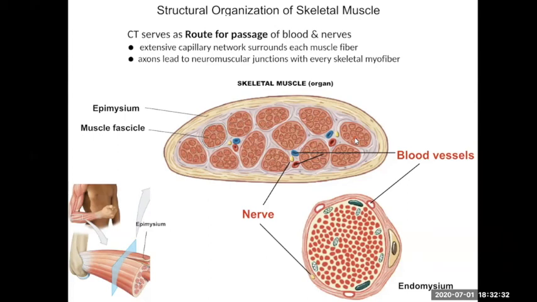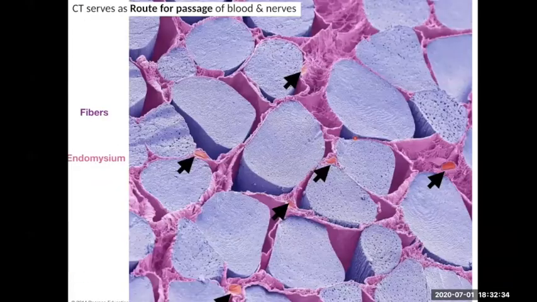And then the last thing is that, remember, well, maybe you don't remember, but capillaries, right? Oxygen and nutrients are leaving the capillaries like this. All the arrows right here are pointing to little capillaries. And they're leaving the blood vessels and they're going in within the surrounding connective tissue, right? This is loose connective tissue.